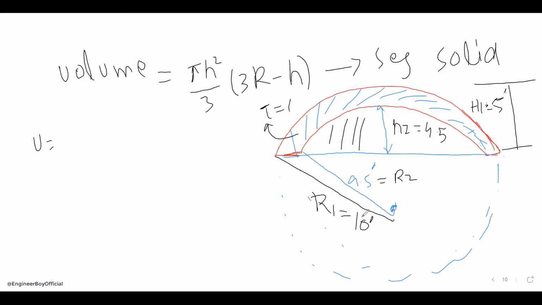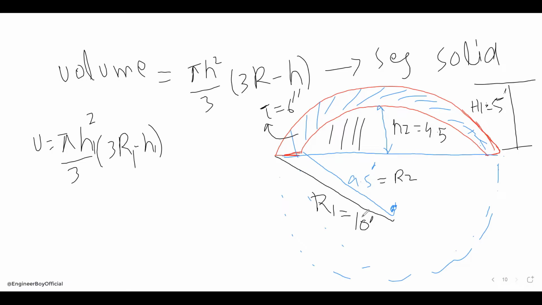The slab means 6 inches slab. Now the volume can be pi h square divided by 3 and then 3r minus h. So this is for a solid, and I'm going to subtract the internal one from the external. So this is h1, this is r1.